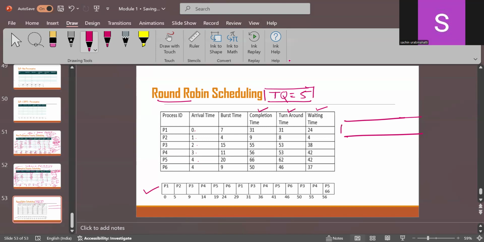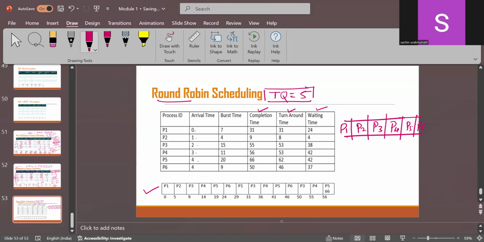The first process arriving is P1. Next is P2. Next is P3. After that, P4, P5 and P6 are arriving at the same time. P5 and P6 have arrived at the same time.